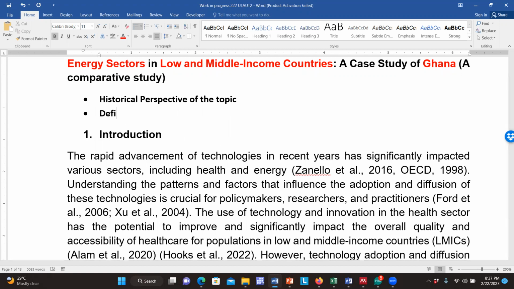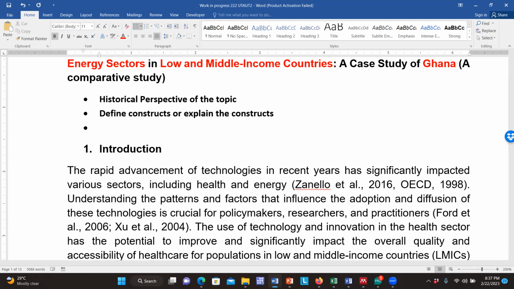Then we define the construct or talk about the constructs. And the constructs are the key elements in there. Define the construct or explain the construct. Right? And then the third one is you tell us the recent or current literature.